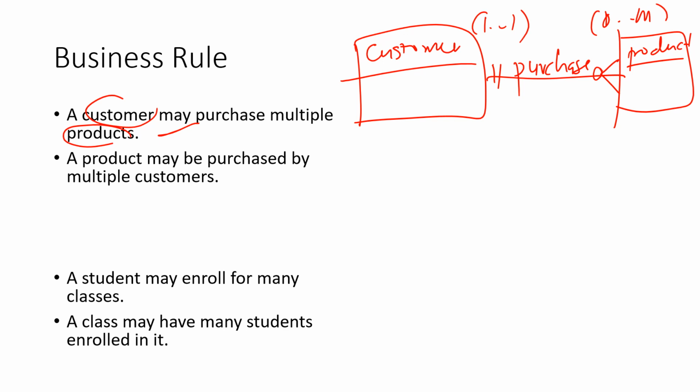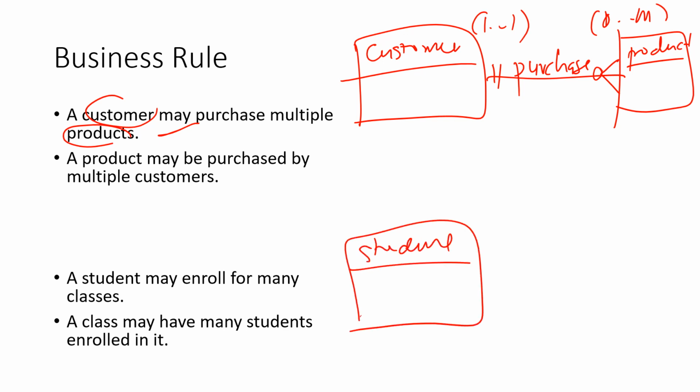Okay, another example. A student may enroll for many classes. A class may have many students enrolled on it. So this is the student and this is the class entity, and the relationship is enroll.